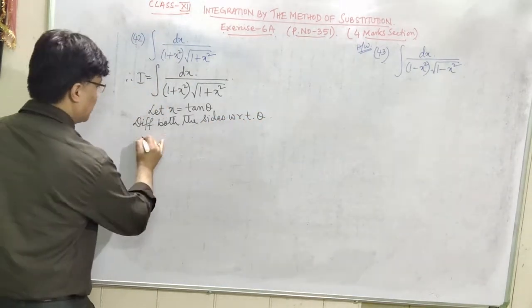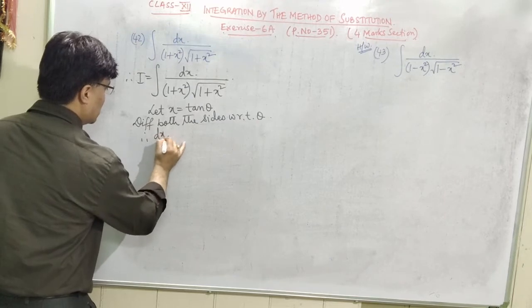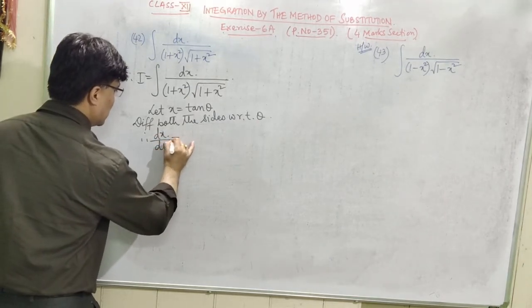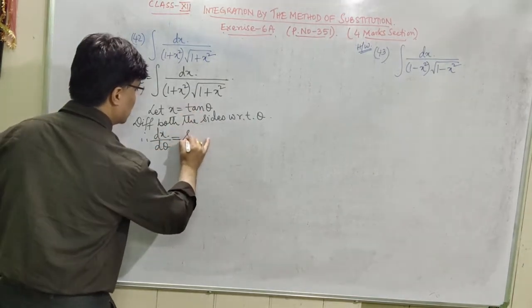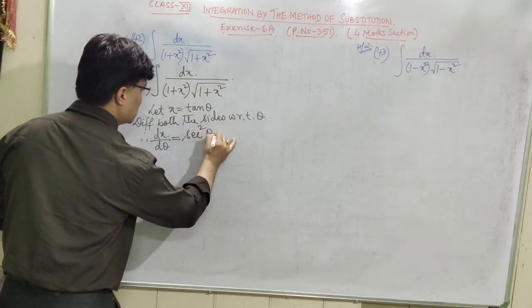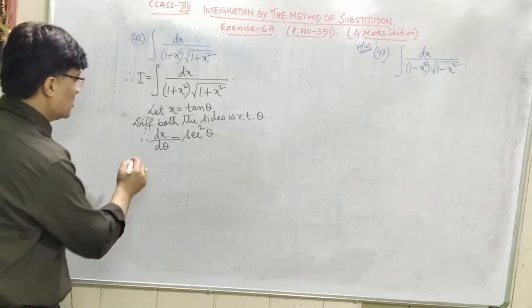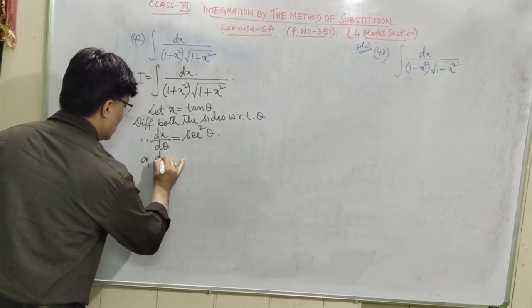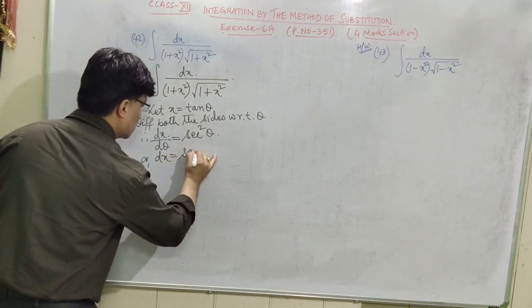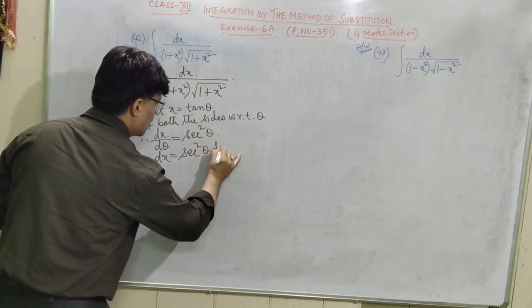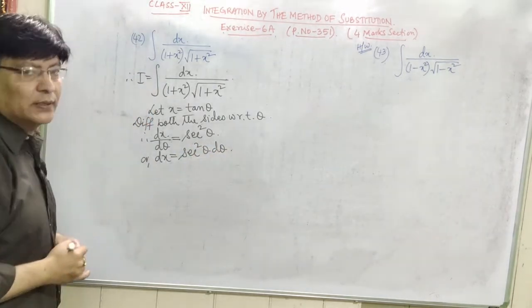So therefore dx by d theta is equal to, what is d by d theta of tan theta? This is your sec square theta. Is that clear? Now we can do cross multiplication, or dx is equal to sec square theta d theta, right?